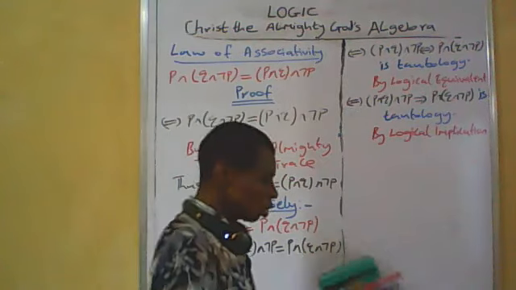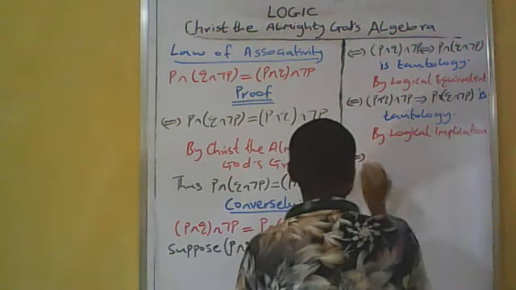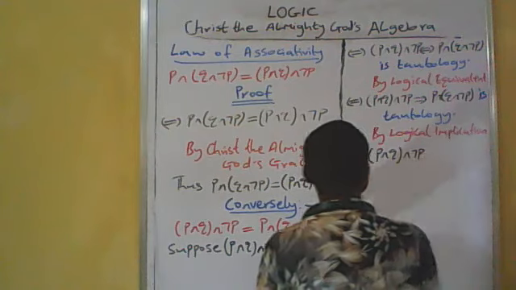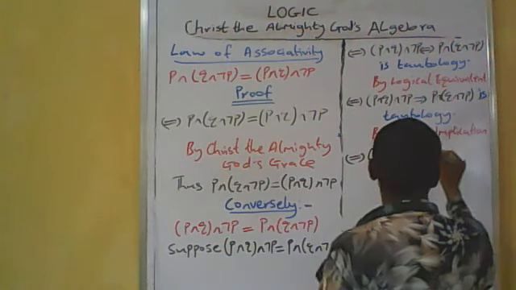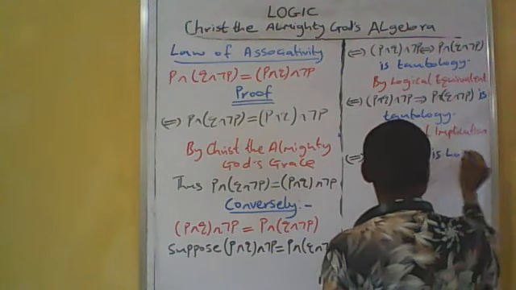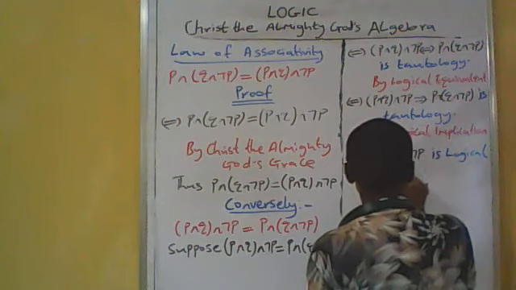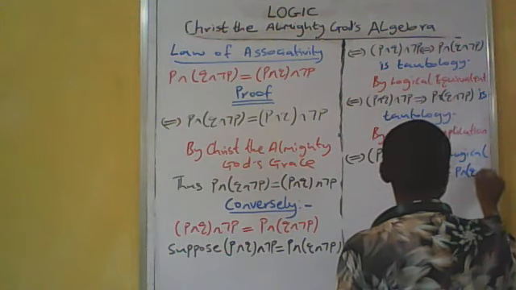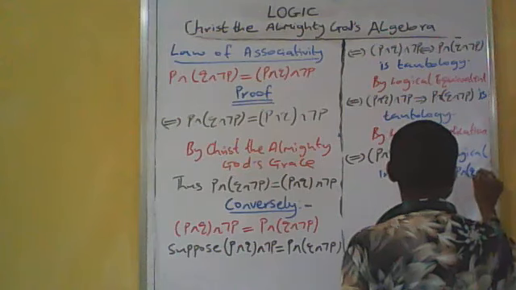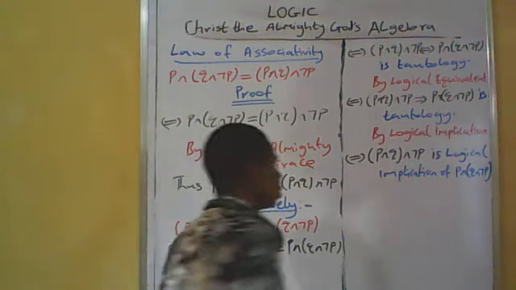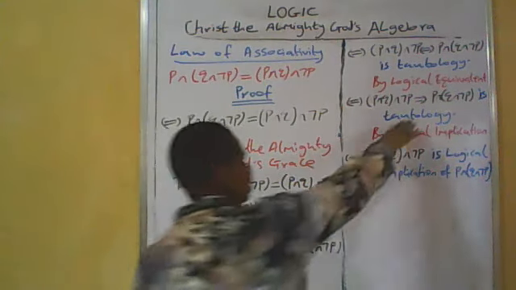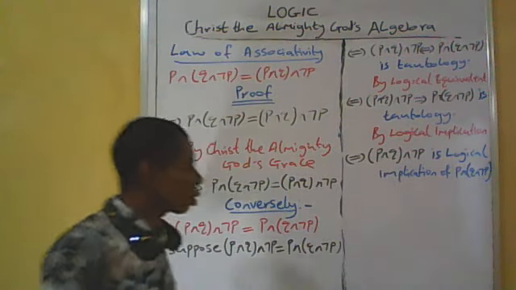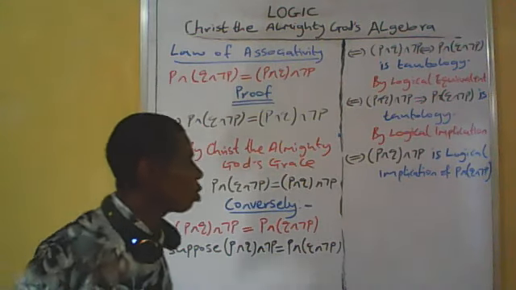So this is true. Also, this also must also be true. Say if and only if bracket P and Q and not P is logical implication of P and bracket Q and not P. That means, since this is tautology, then the antecedent is logical implication of the consequence by principle of logical implication.